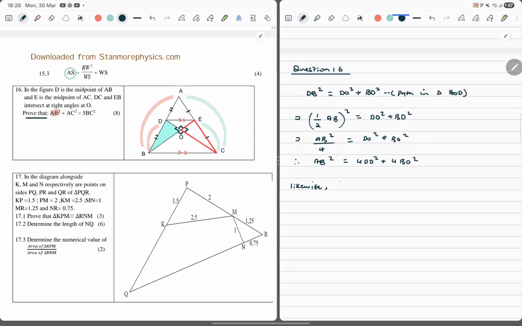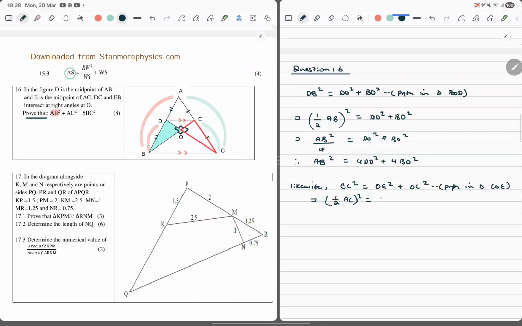Likewise, we know that EC squared is going to be OE squared plus OC squared. That's Pythagoras in triangle COE. So this implies we know that EC is half of AC.